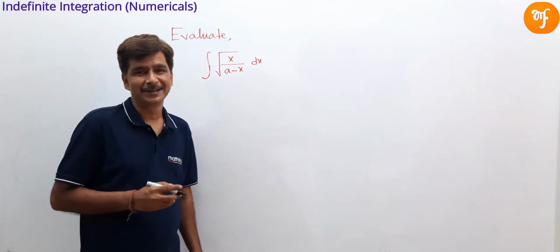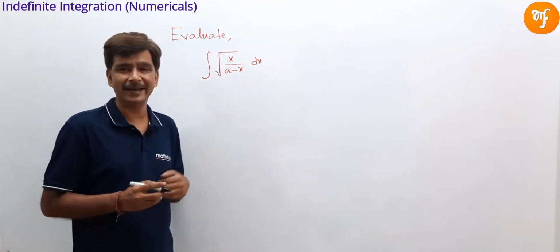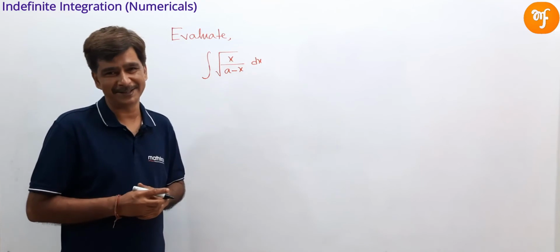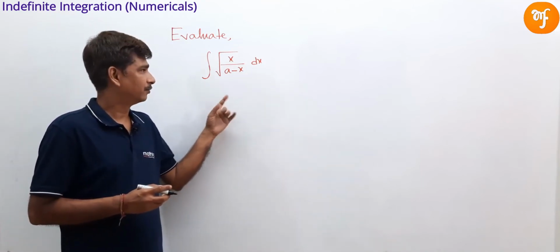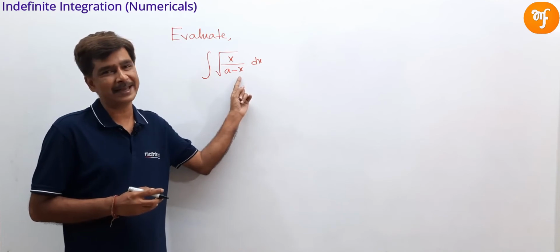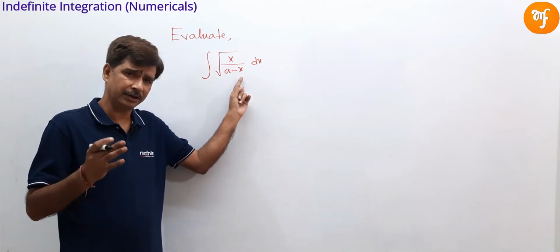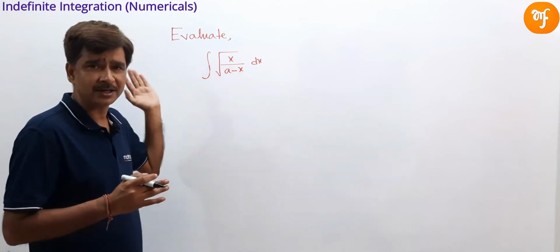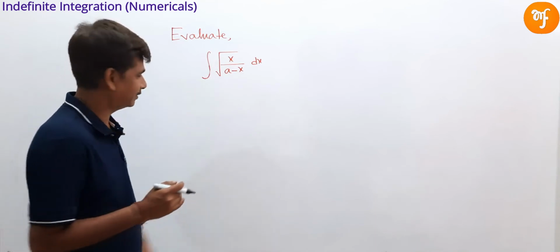So friends, let's come to another question, that is integration of square root of x divided by a minus x dx. Okay. Now to solve this type of numerical, we will first assume x is equal to a sin square theta or x is equal to a cos square theta. Okay. So we are assuming here, let x is equal to a sin square theta.